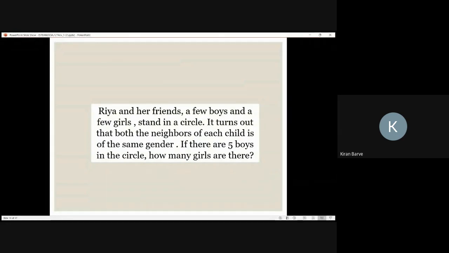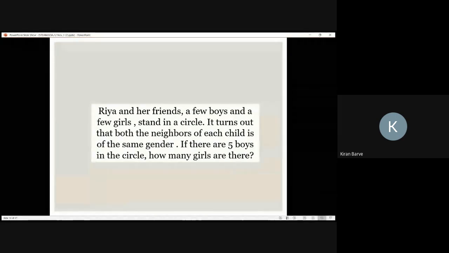So if Angad is to the left of Tanishka, then a boy is to the right of Tanishka. And to the right of Angad is Tanishka. Then to the left of Angad is a boy or a girl? A girl. Now tell me, if there are 5 boys, how many girls are there?